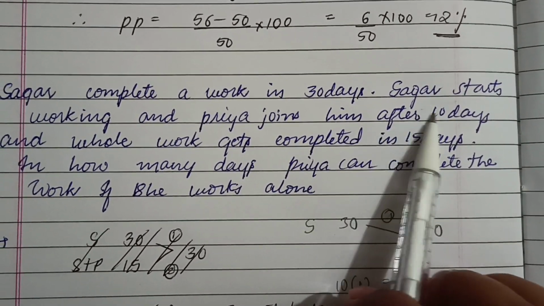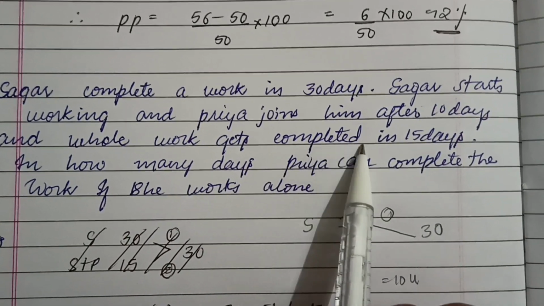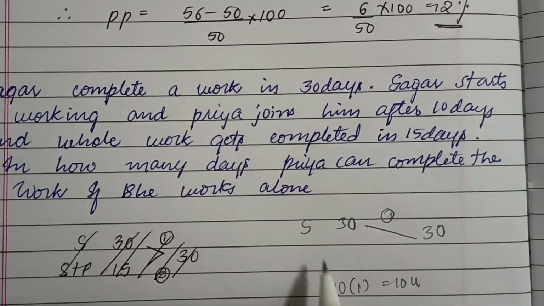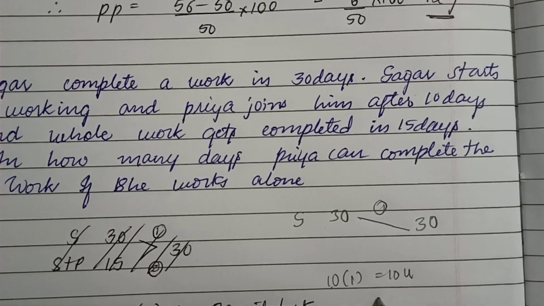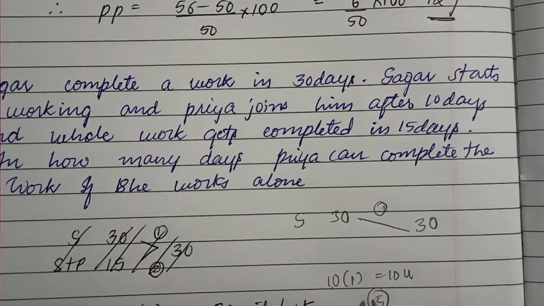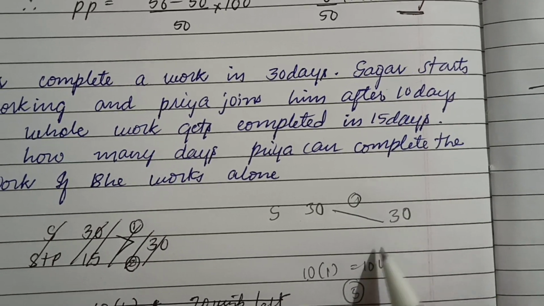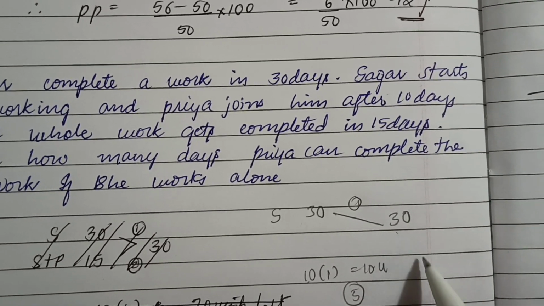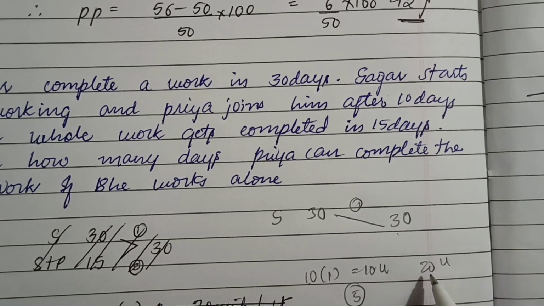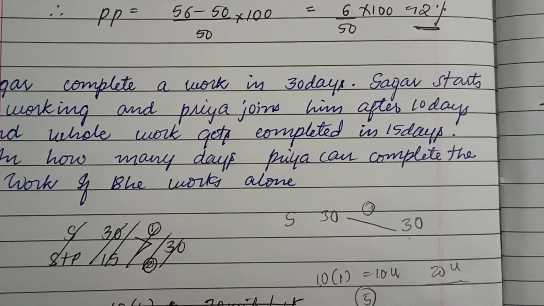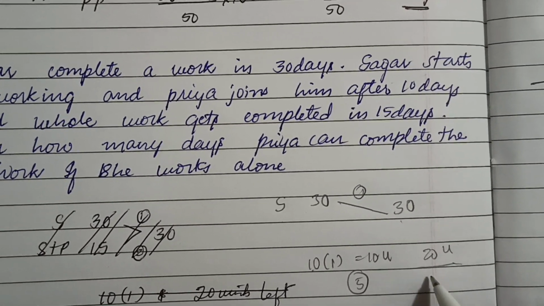And in the question they have mentioned that the whole work gets completed in 15 days. Already 10 days are worked by Sagar, so 5 days are left, and the remaining work is 30 minus 10, that is 20 units. So these 20 units of work will be completed by both Sagar and Priya in 5 days.